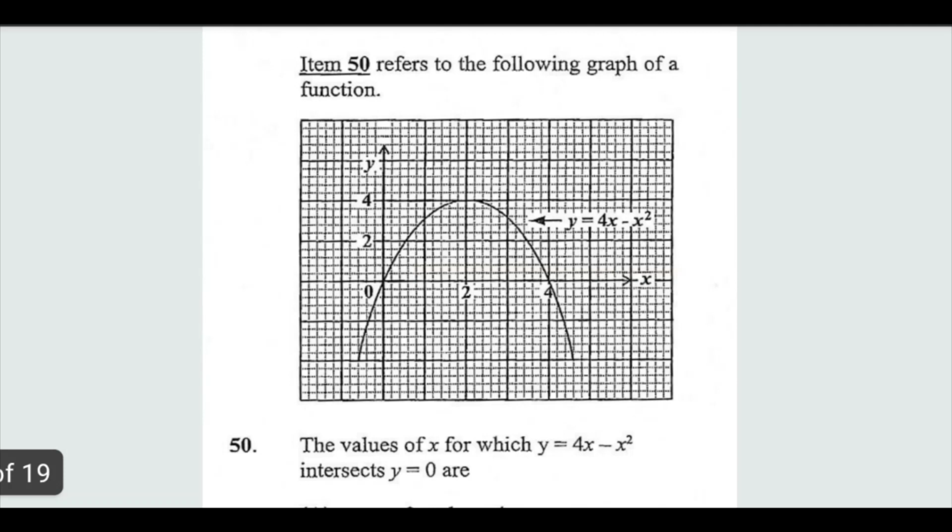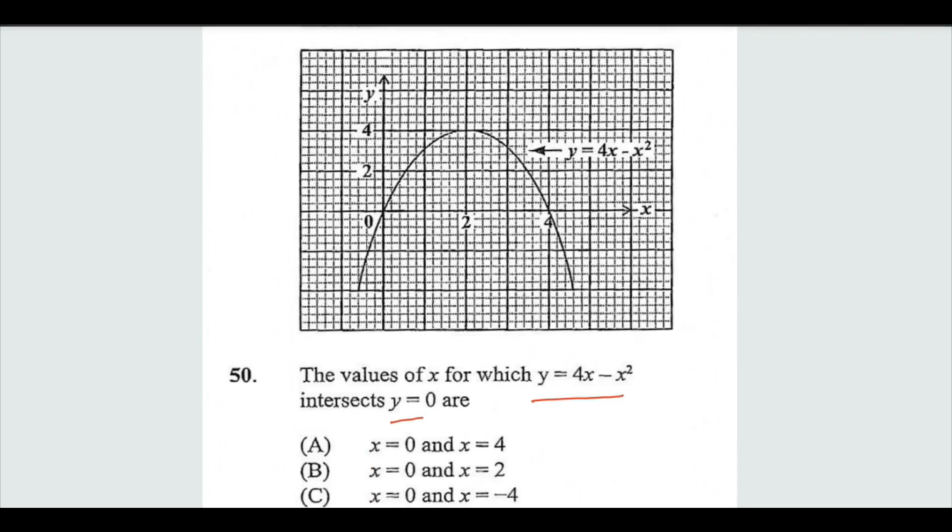Now this one here. Item 50 refers to the following graph function. And it says the values of x for which y equals 4x minus x squared intersects y at equals 0 are. So they want you to find the values of x when y is equal to 0. That is basically what it's telling you.